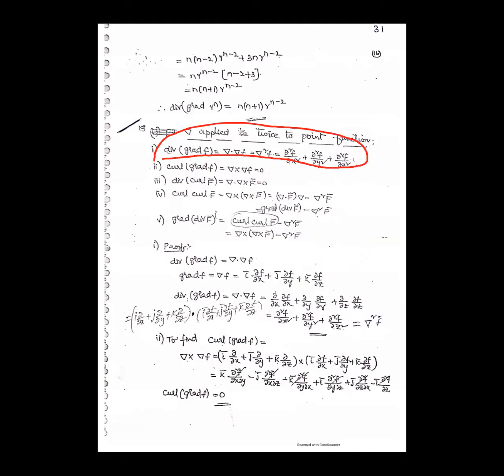First take LHS. In the first condition we prove LHS equal to RHS. Now I am taking the LHS value, that is divergence of grad f.